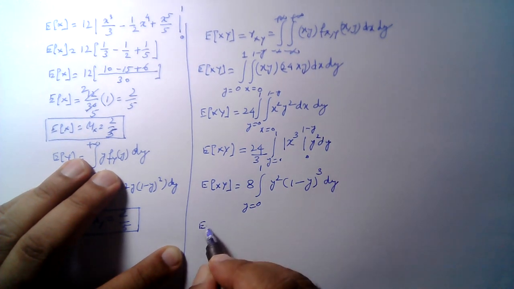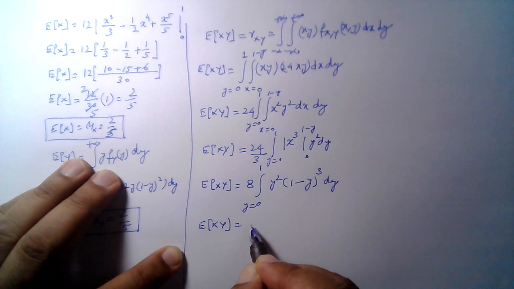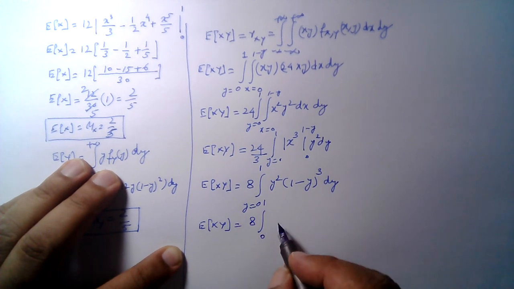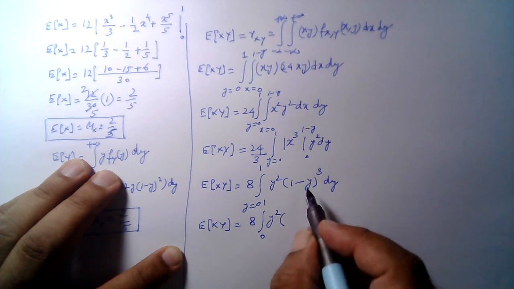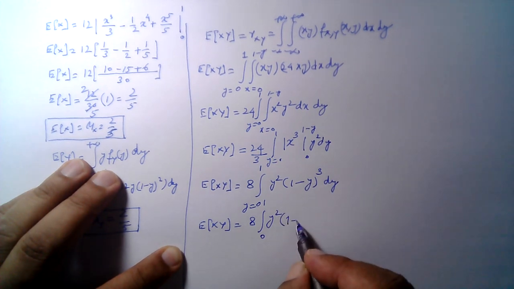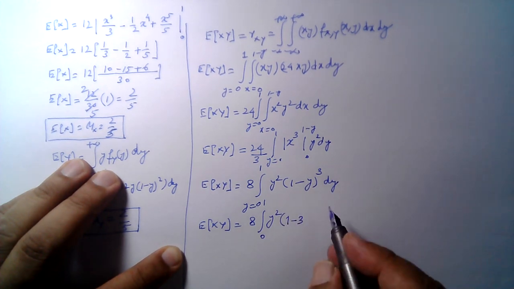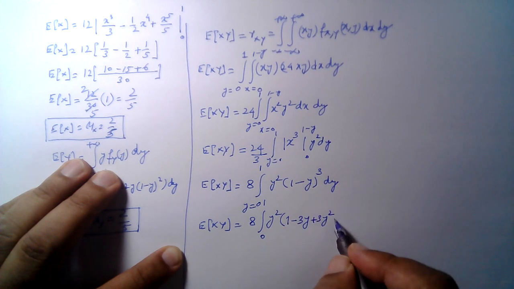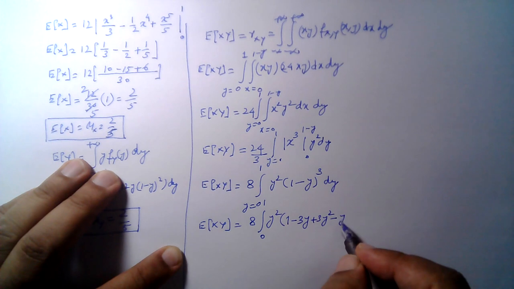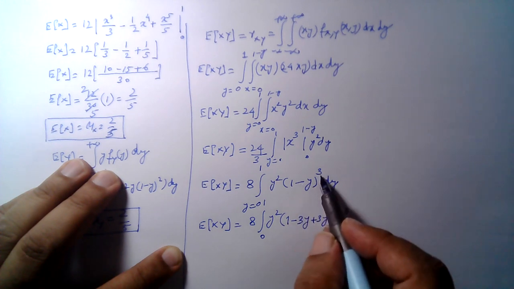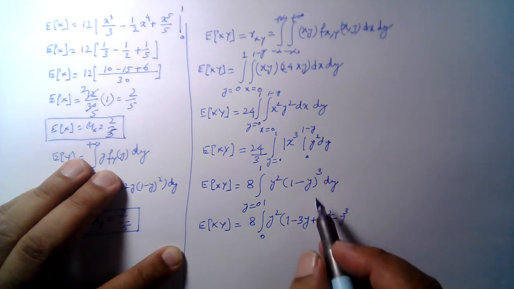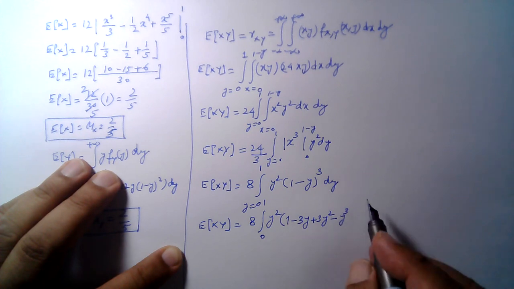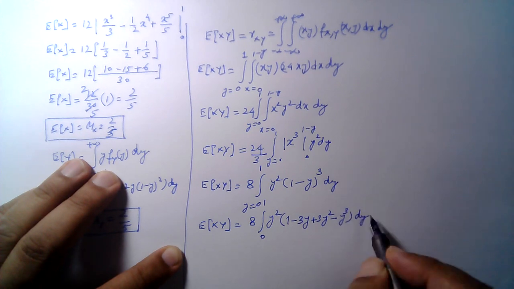So the expected value of xy is equal to 8, integral from 0 to 1 of y squared. Let's expand (1 minus y) cubed, which is 1 minus 3y plus 3y squared minus y cubed, and this is dy here.